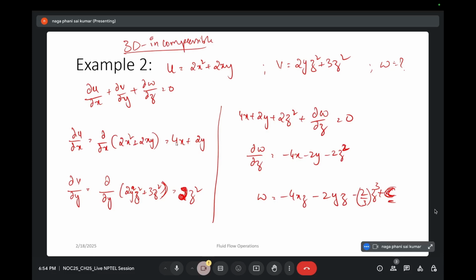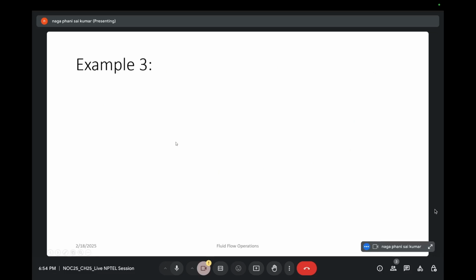Let's see one more example. Here we were given a two-dimensional incompressible flow again. u is given as minus ky by x² plus y², and v is given as kx by x² plus y², and we are asked to calculate the value of k.